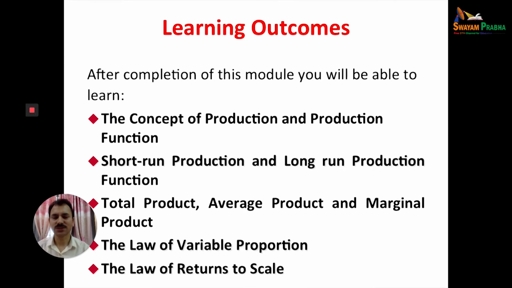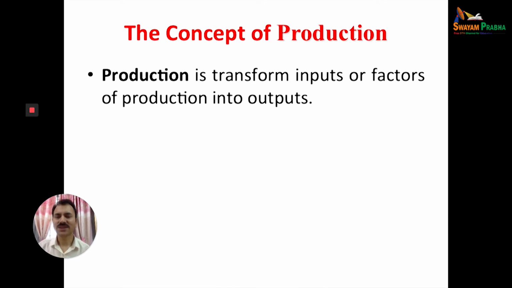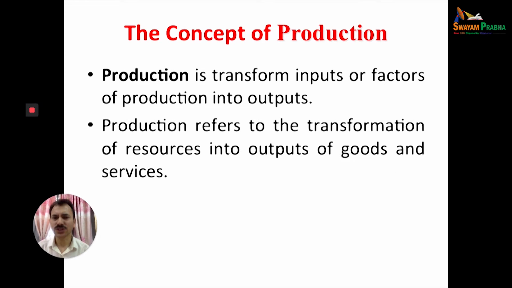So let us discuss first what is production. Production is transforming input or factors of production into output. Production refers to the transformation of resources into output of goods and services.